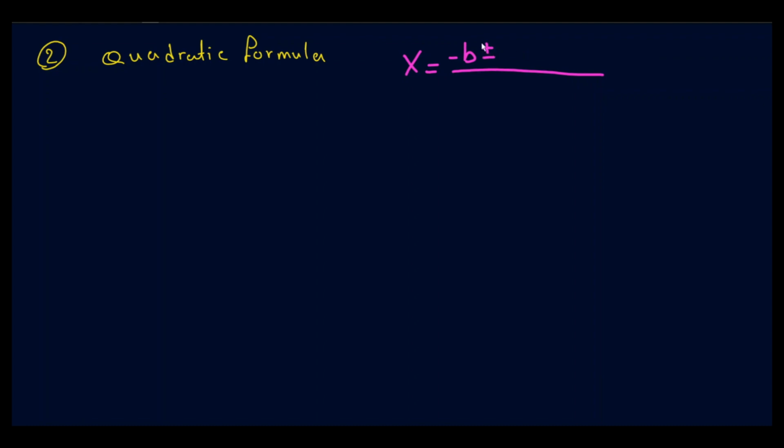That means we find the result one time with plus and one time with minus. This is how we get 2 results. Next, the square root of b squared minus 4ac, over 2a.